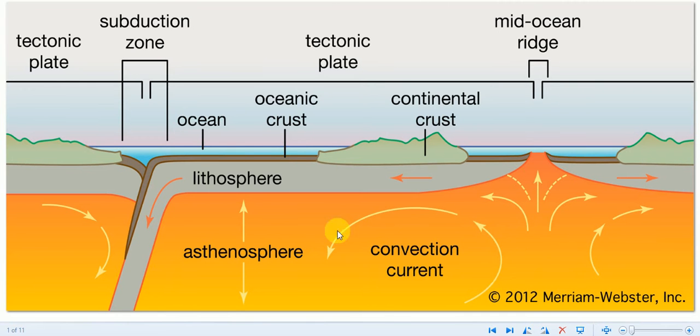This is what we call convection current. So in this way, the continents of the world were moving away in different directions due to the convection current.